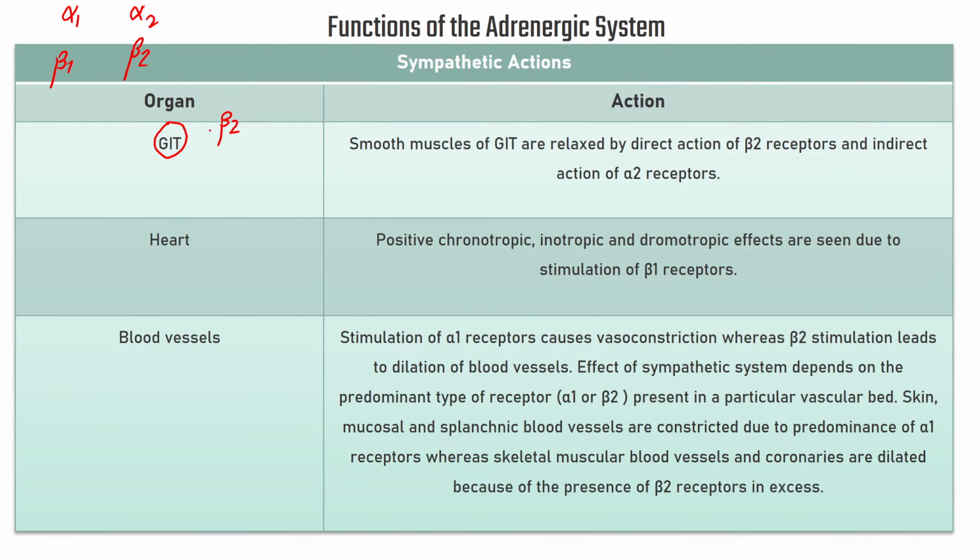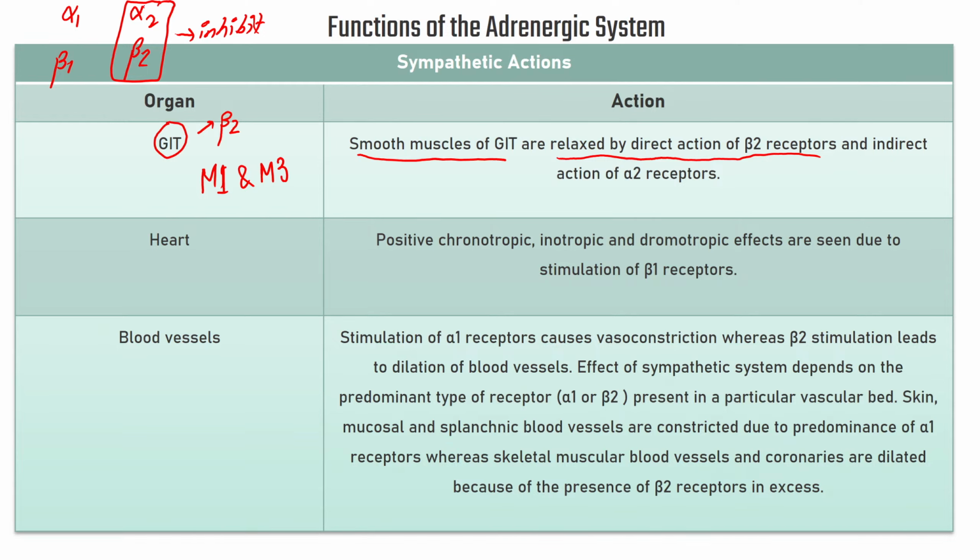So in the GIT, beta 2 present in the GIT. Obviously we have learnt alpha 2 and beta 2 both will inhibit. So inhibition means what? Relaxation. Smooth muscles of the GIT are relaxed by direct action of beta 2 receptors and indirect action of alpha 2. एग्जैक्ट ऑपोजिट एक्शन है पैरासिम्पैथेटिक का. वहाँ पर M1 रिसेप्टर प्रेजेंट थे, M1 एंड M3 इन द GIT.